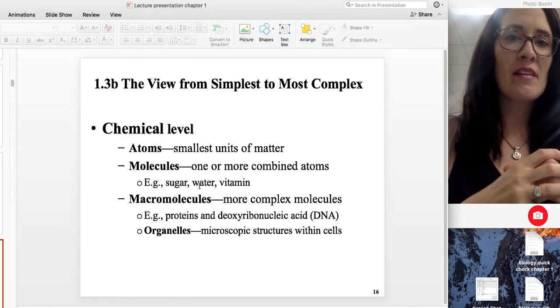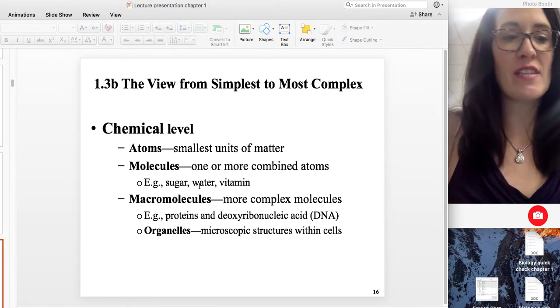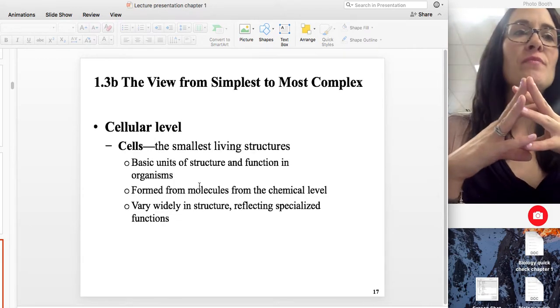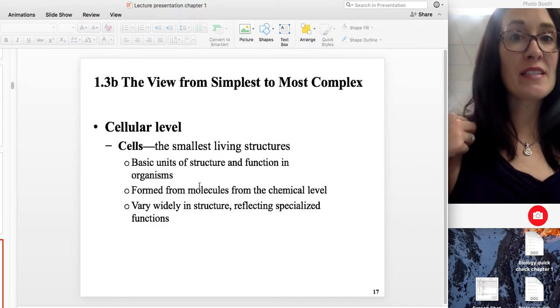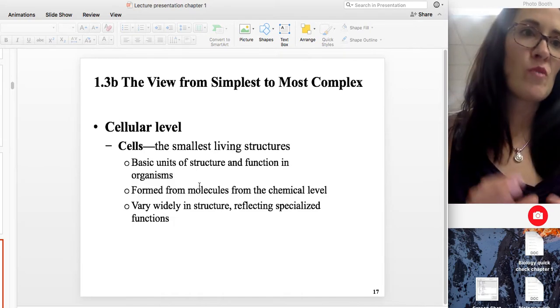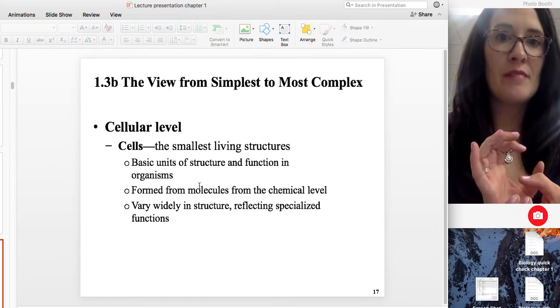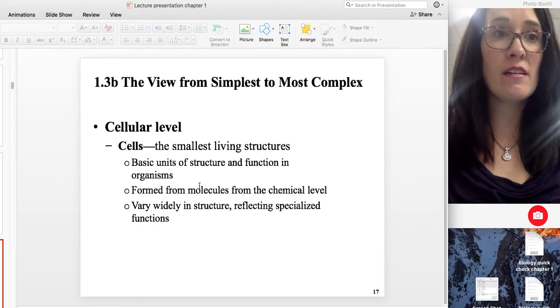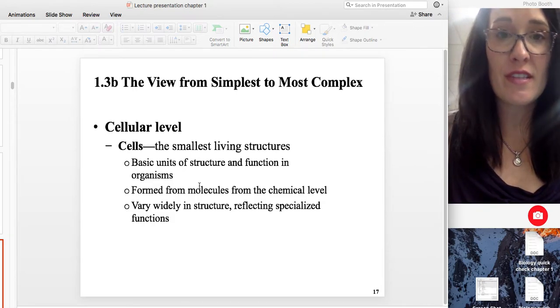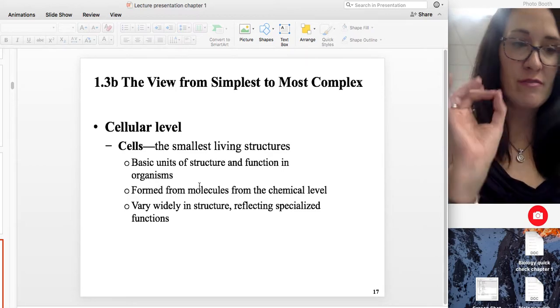They make up organelles, which are the organs of the cells. The cellular level is the basic unit for structure and function. For every body system, we'll talk about the cells in that system. There is a wide variety in the structures of different cells in the body, reflecting their specific function.